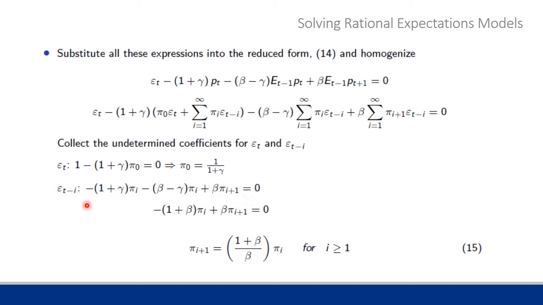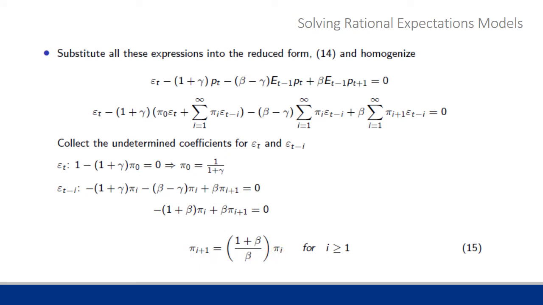We divide through by epsilon t minus I for that particular period. Rearranging this, we have minus 1 plus beta pi I plus beta times pi I plus 1 equal to 0. We can bring pi I onto the right hand side and we have a solution, pi I plus 1 equal to 1 plus beta over beta pi I.